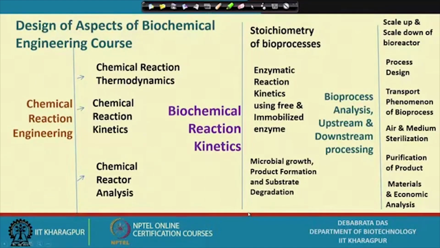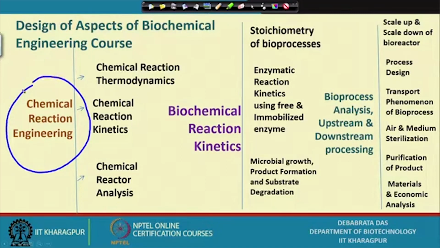So let us start with how we designed this course. If you look at this, we divided it into three different areas. First, we have chemical reaction engineering. I told you that to know biochemical engineering, first we should have some idea of chemical reaction engineering, and for that we first discussed chemical reaction thermodynamics.